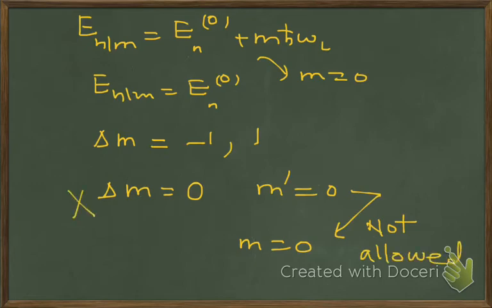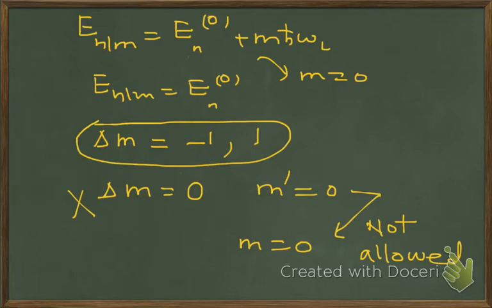The only selection rule is delta m equal to plus or minus 1, and delta m equal to 0 is not allowed for this transition.